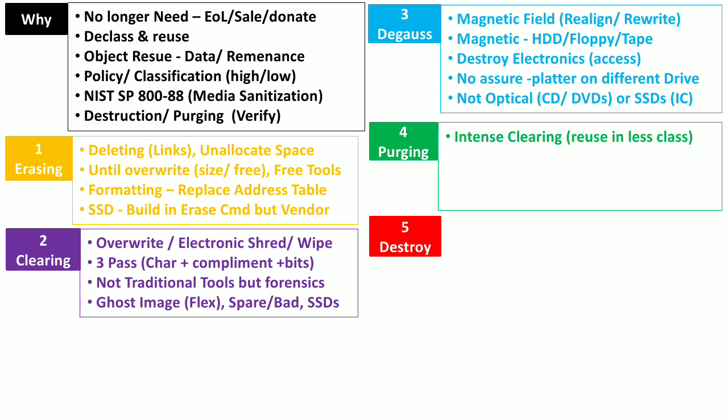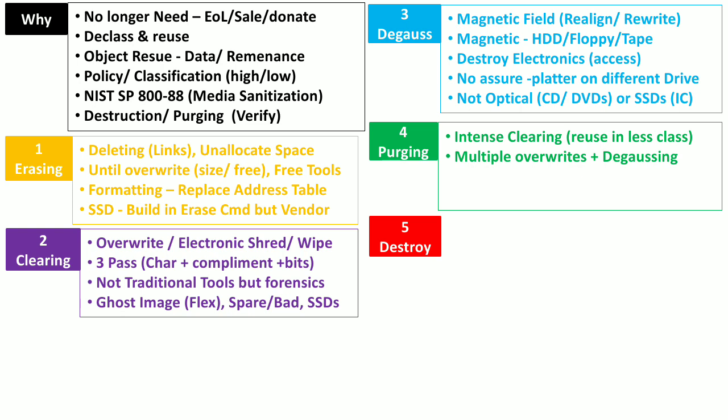Now purging is the combination of clearing and degaussing, and in this process we can also say that it is an intense form of clearing, and the objective over here is to reuse the sanitized media in a less secure environment.